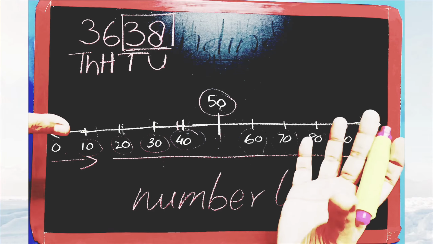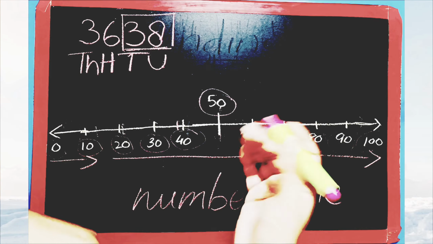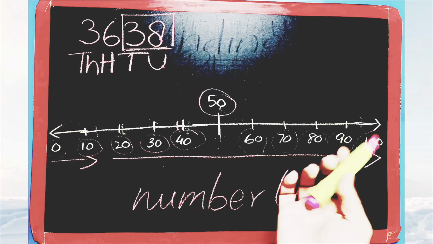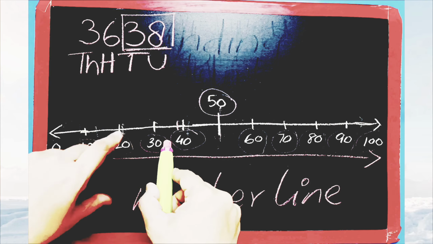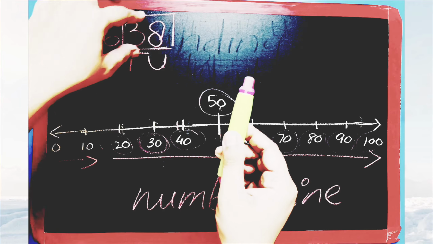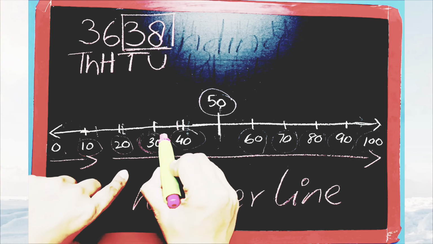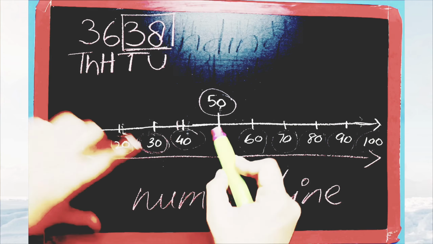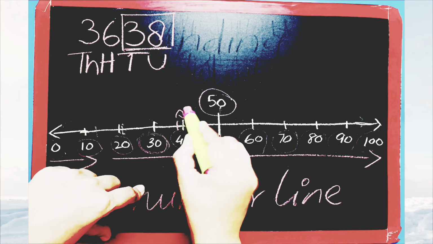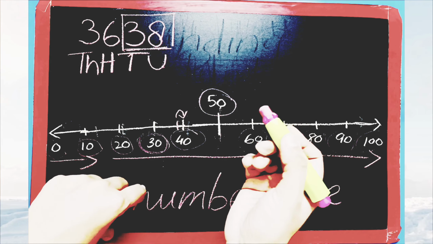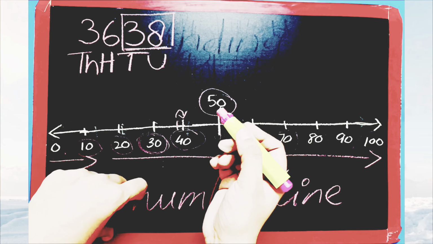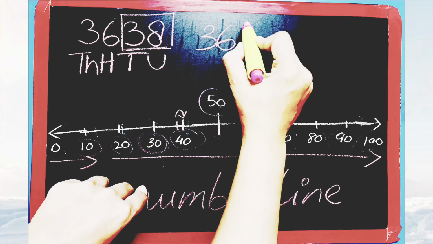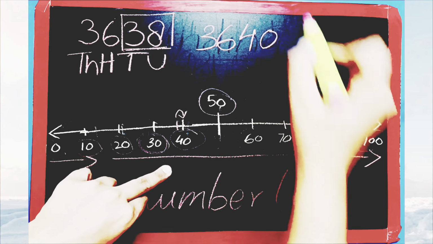Let's see which is the nearest 10 to the number 38. The ten is 30 and the unit is 8, so it exceeds 30 by 8 points. It is very near to 40, so we can say it is nearest to 40. So we can also say that it is 3640.